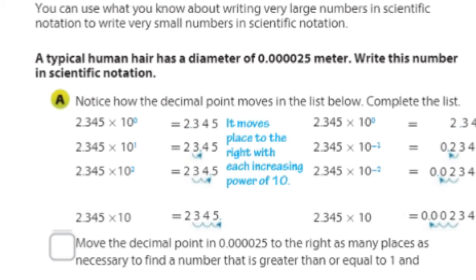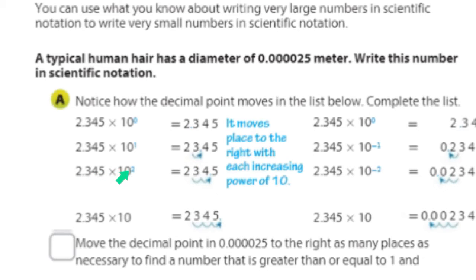Okay, so we're still on page 45, and they have a problem here they want you to try. It says a typical human hair has a diameter of this small number of meters. Write this number in scientific notation. In step A, they give you an example that has nothing to do with the problem. They just want you to notice that when you move the decimal point 0 spaces, this is the number. But when you move the decimal point 1 space to the right, the number grows larger.